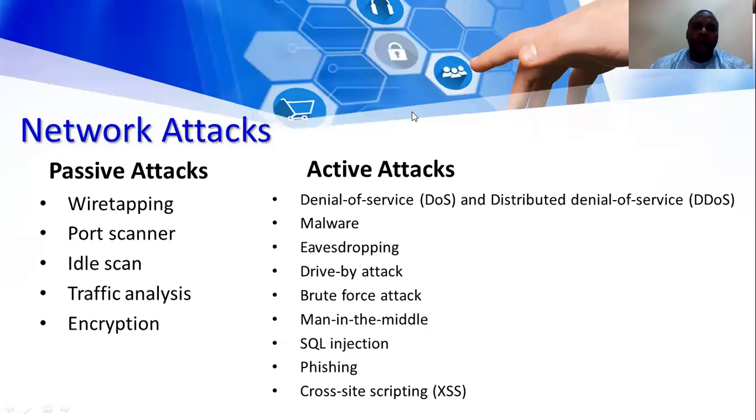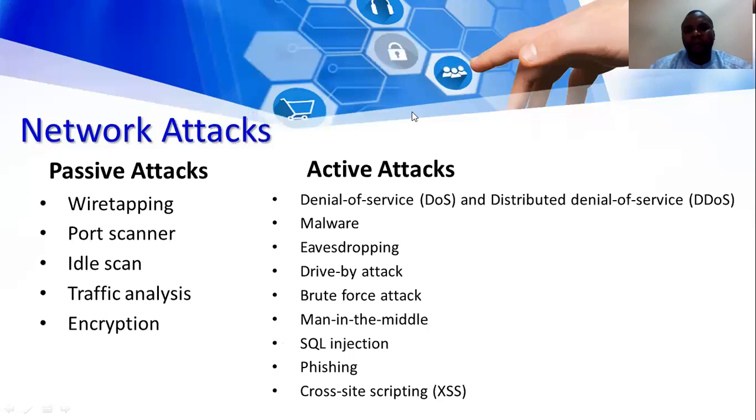Okay, so apart from DOS or DDoS, we also have active attacks like malware, malicious software like viruses. We have different types of malware. These kinds of things constitute what we call active attack also. Then there is drive-by download or drive-by attack, of which drive-by download is one.